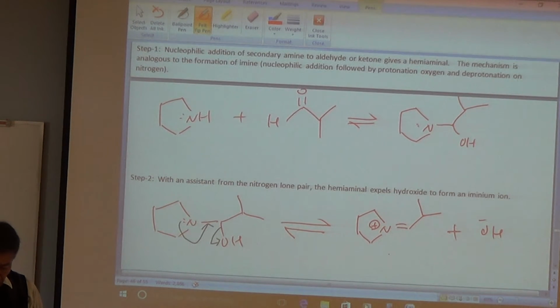This ion looks like an imine, okay? Because it has a positive charge, it's not an imine, it's called an iminium.